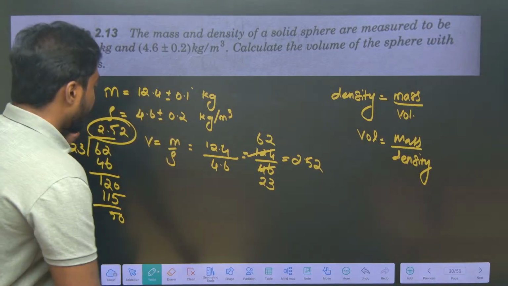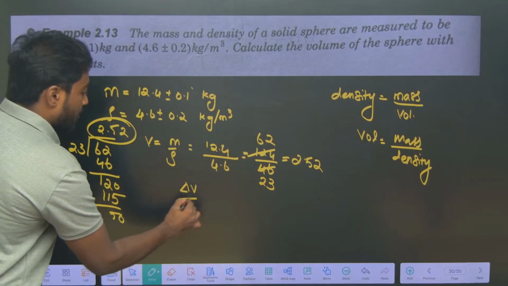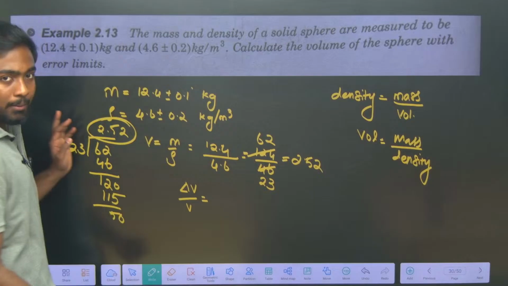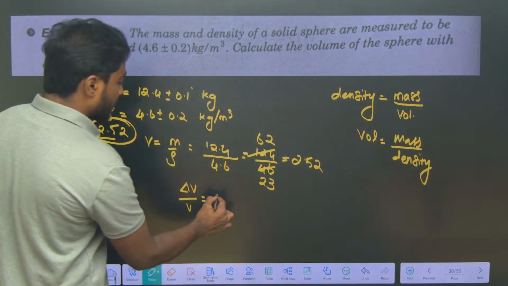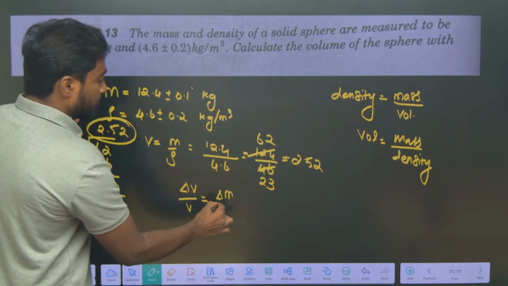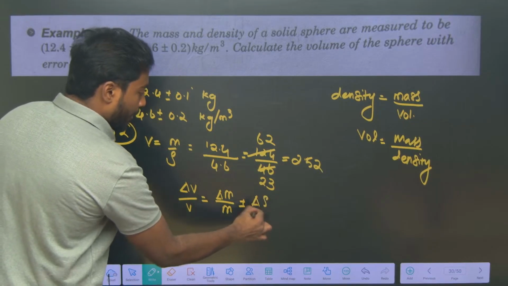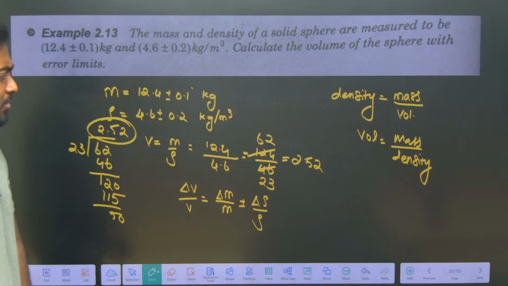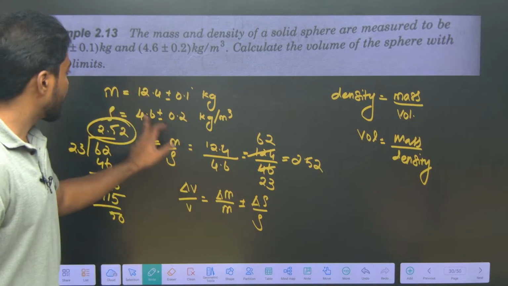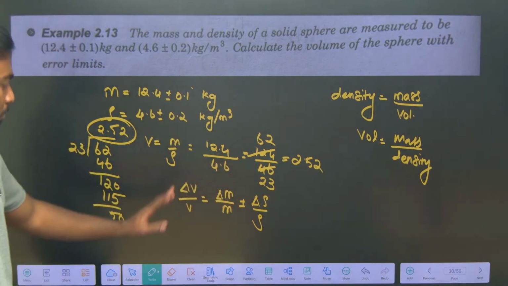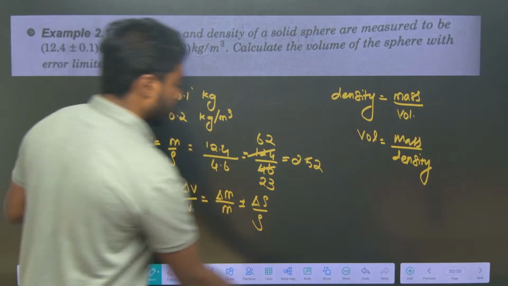Now what is the thing, delta V by V will be equal to how much, delta M by M plus or minus delta rho by rho, that's it. Yes, no. So mass and the density division, whatever it is, the same formula I am using.